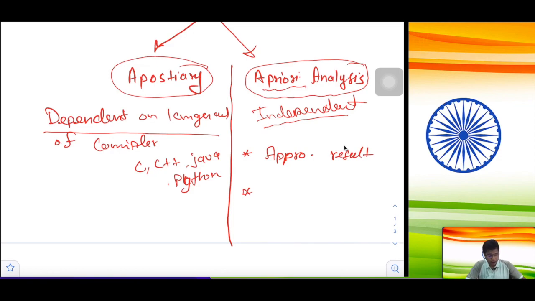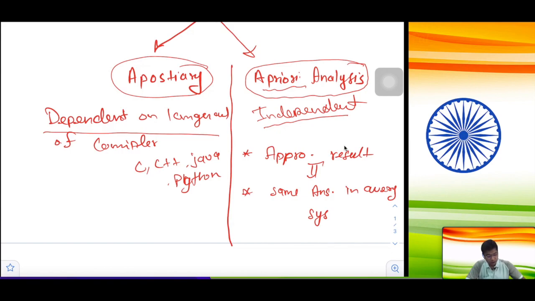The next one is that it gives the same answer in every system. These are parallel to the earlier points, and I will tell you the difference.